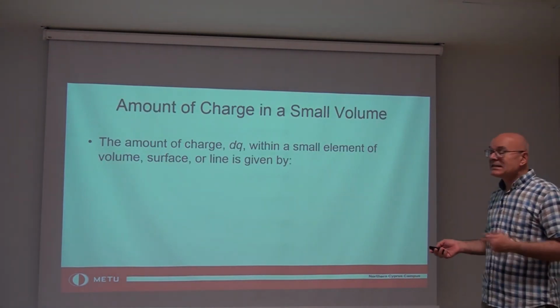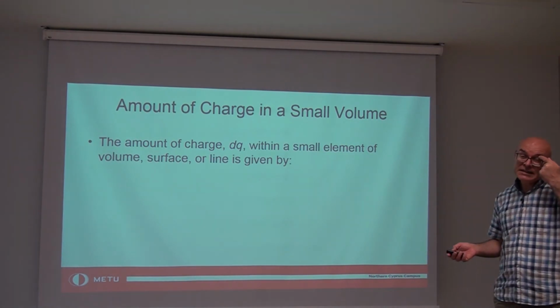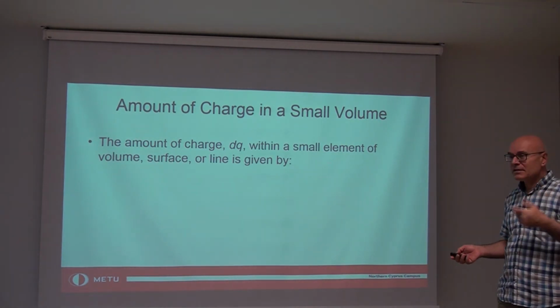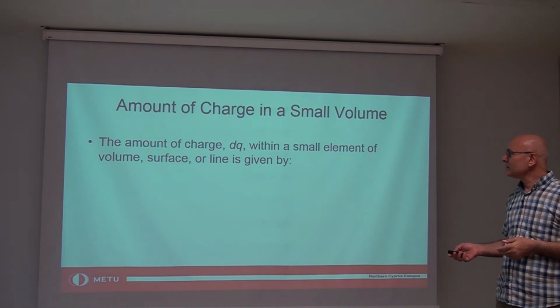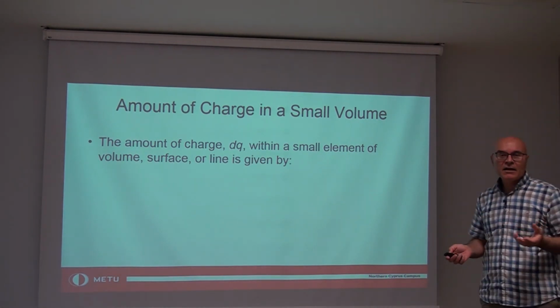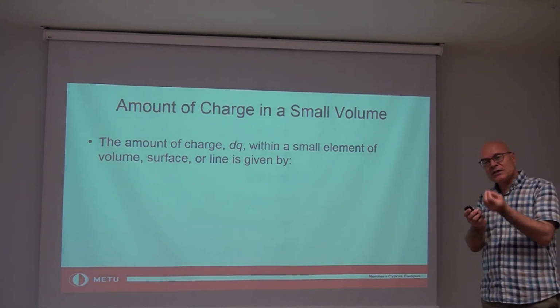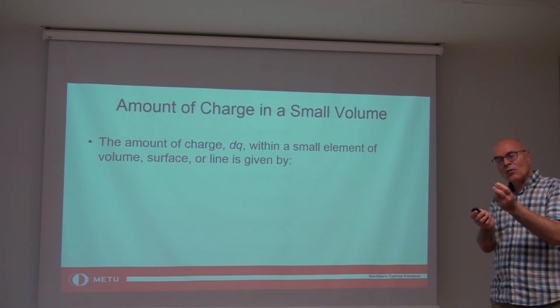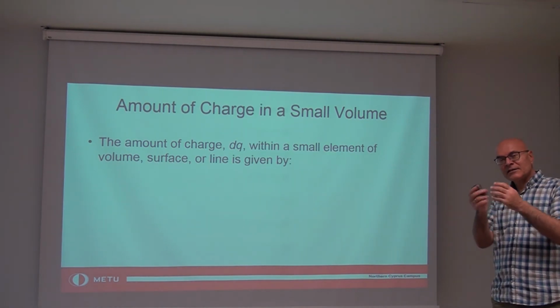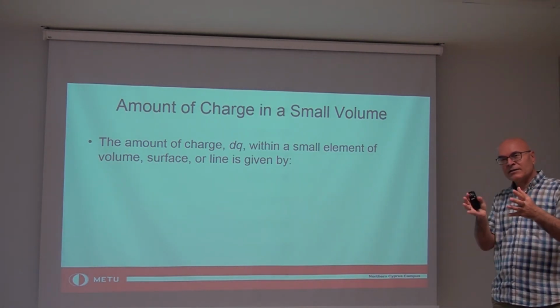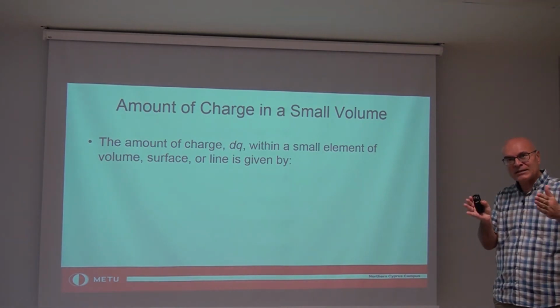Another quantity that we will also need when we do calculations in this area is dq, the small charge that results when you divide the charge distribution into small elements dq.